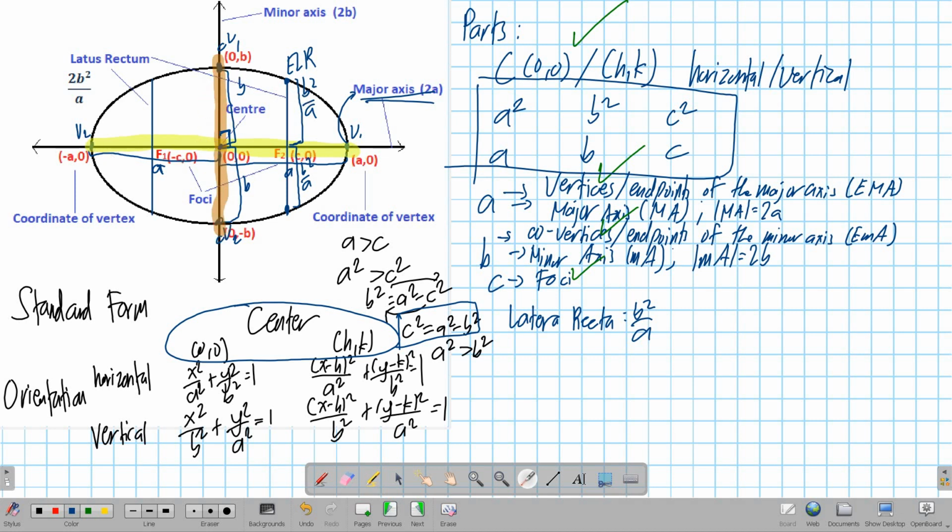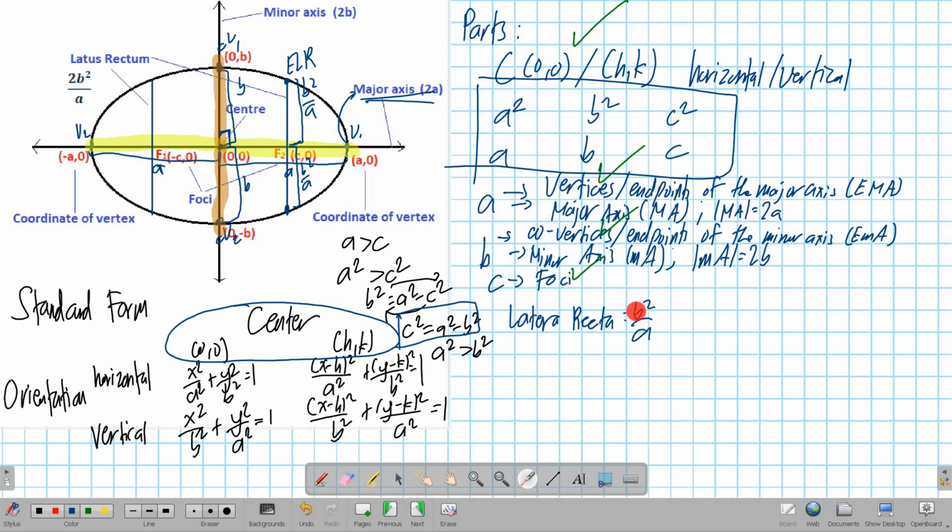So if the ellipse is horizontal, the minor axis is vertical. And the latera recta are parallel to the minor axis. They have the same orientation. So if the ellipse is horizontal, then perpendicular to that, the minor axis and the latera recta, all three of them would be vertical.